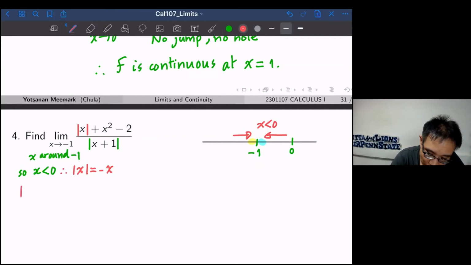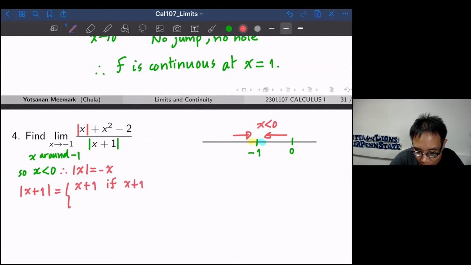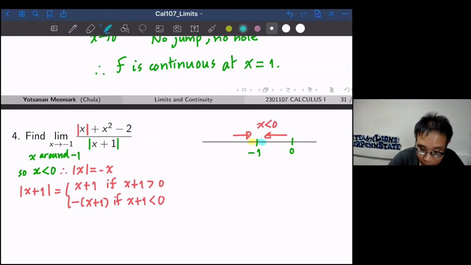You also have the absolute value of x plus 1 turning out to be x plus 1 if x plus 1 is more than 0, and negative of x plus 1 if x plus 1 is less than 0.